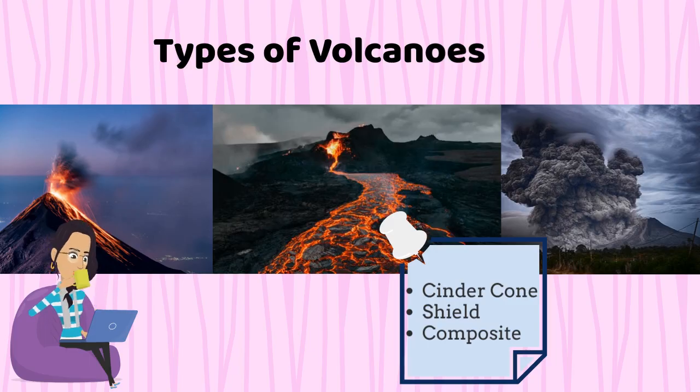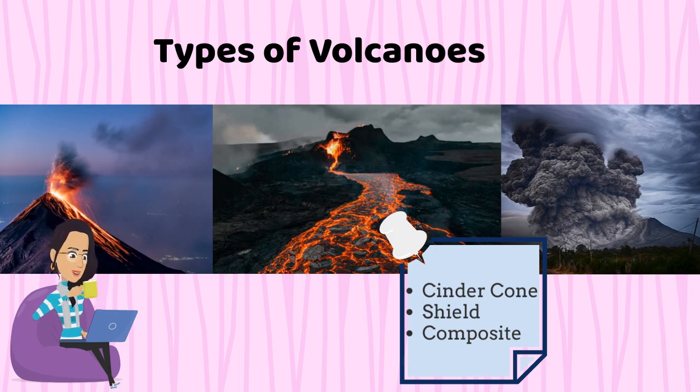There are 3 different types of volcanoes: shield, cinder cone, and composite. Shield volcanoes are broad and flat and are formed by the repeated eruptions of low-viscosity magma.